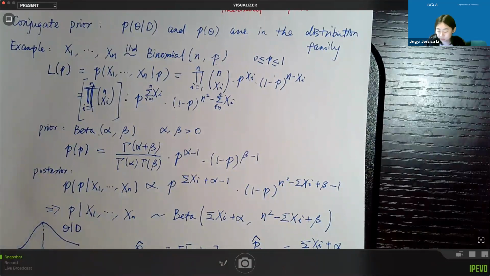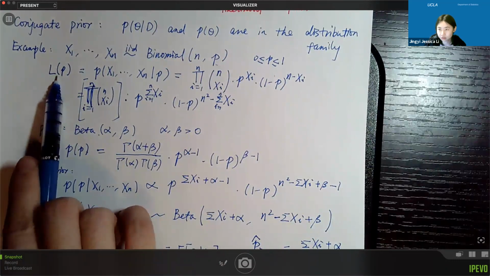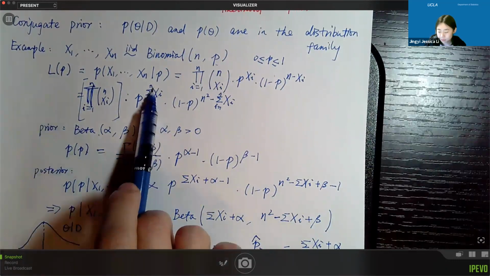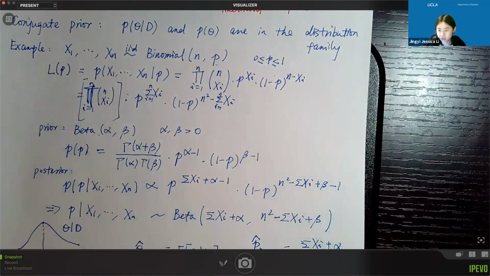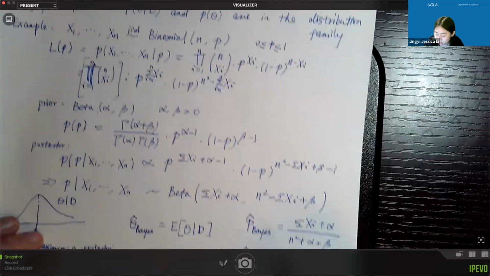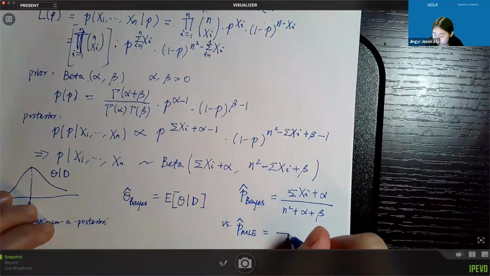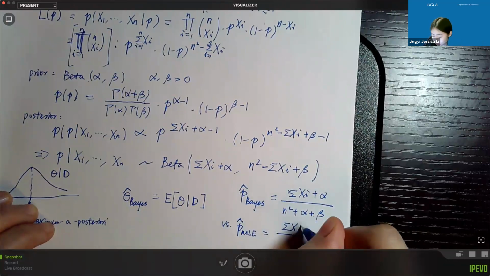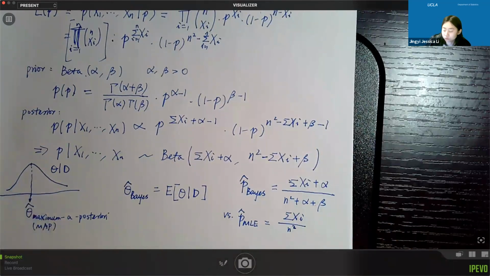What you will do often is take the log to get a log likelihood, then the power will go down, and you take the derivative of the log likelihood, set it to 0, and solve for the p-value. That's the MLE. I'm not going to do the derivation, but we can show that the MLE is of this form: just the summation of xi over n.